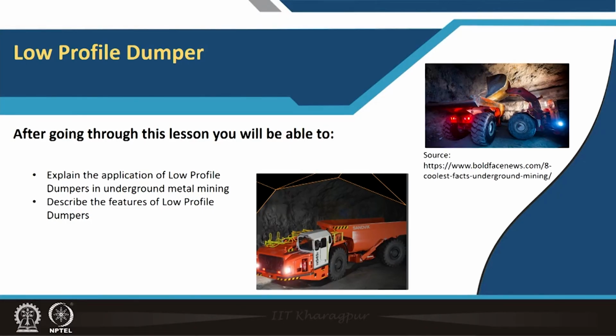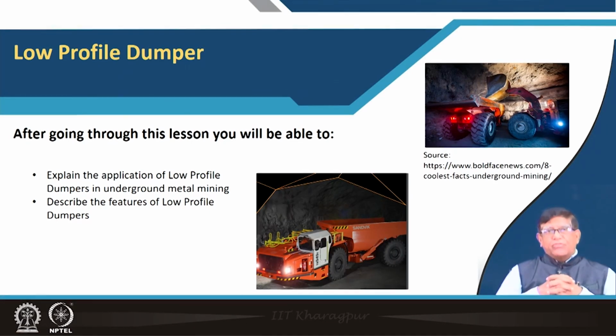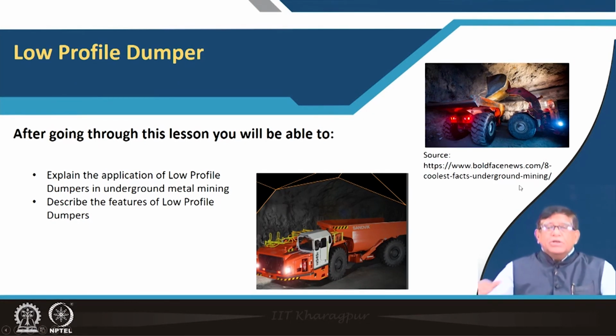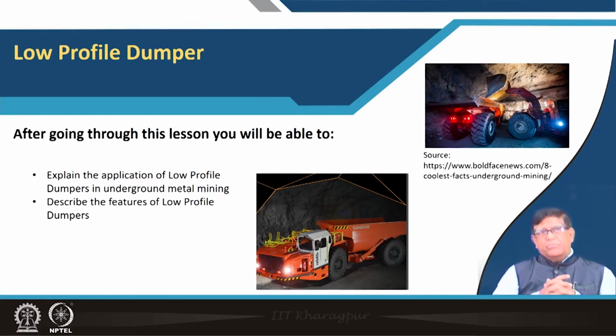Low profile means that its height is lower, so that it can work in a very confined space. You can see in that figure a dump truck of very low height, so that it can work in the galleries of an underground mine.